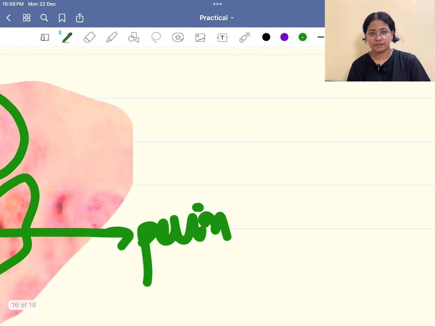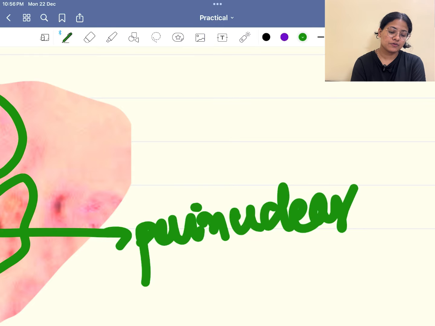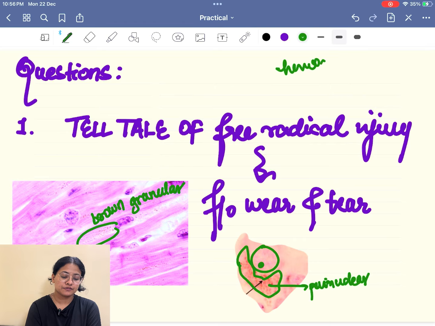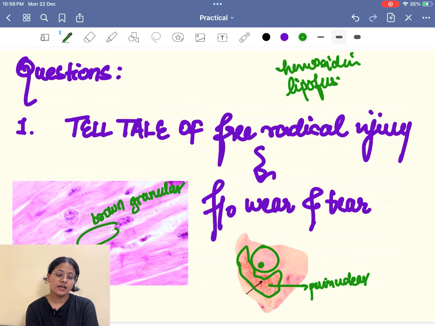So what are the brown pigments that you usually see? Usually you know that there is hemosiderin and lipofuscin. So why am I saying this is lipofuscin and not hemosiderin? Because hemosiderin is usually seen where there is a lot of hemorrhage, old hemorrhage, and here the granules are a bit finer.